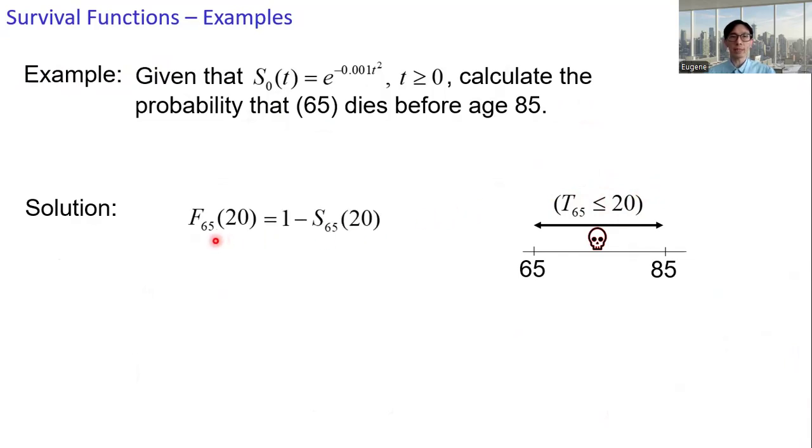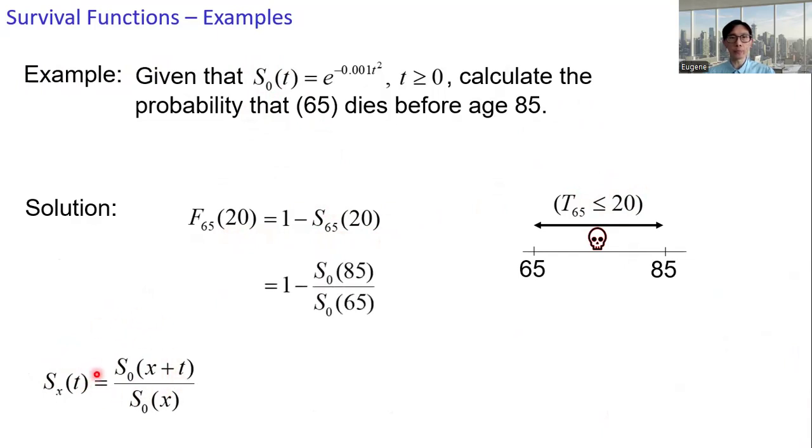We have F65(20) equals 1 minus S65(20). But we are given S0, so we need to convert this S65 in terms of S0. We get the relationship between S65 and S0. S65(20) equals S0(85) over S0(65).